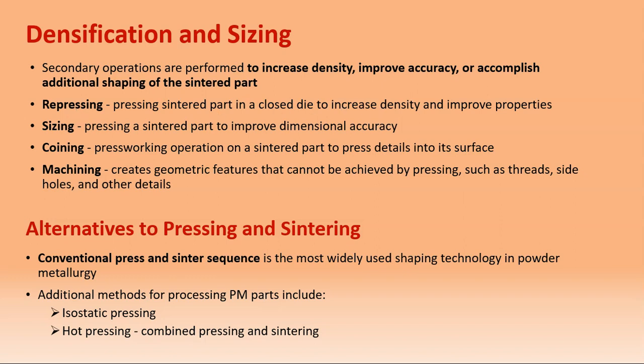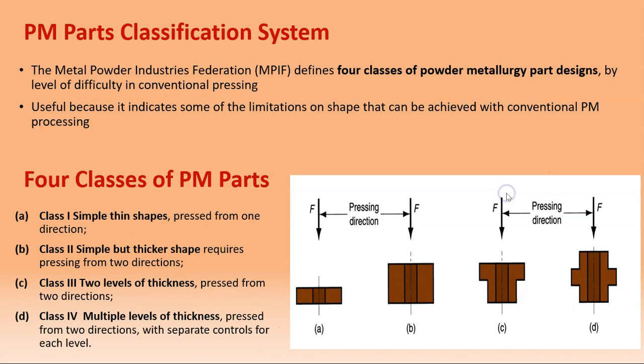Once they are sintered, they go for the repressing process, and then some of them have sizing to improve the dimensional accuracy after sintering, and then coining to get the detail on the surface, and machining sometimes is required, such as threads, holes.